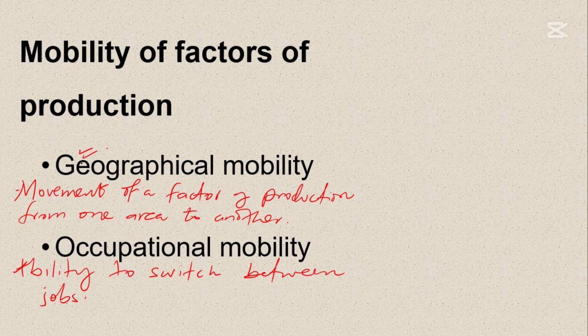Climatic conditions can also limit your geographical mobility. So this is how factors of production can move. And we say that a country which is having high mobility of factors of production stands a higher chance to develop at a faster rate than a country with limited mobility of factors of production.